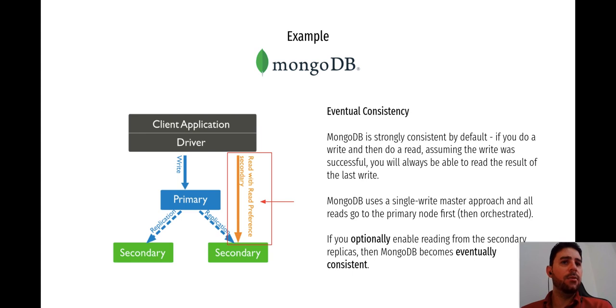And every time you enable secondary replicas and read replicas, so you can connect to a read replica directly, of course, now you are up to eventual consistency because you're not going through the master node. And by this, we are subject to eventual consistency because you have to consider the synchronization time between nodes. We are going to the read replica directly, so you have to consider eventual consistency.